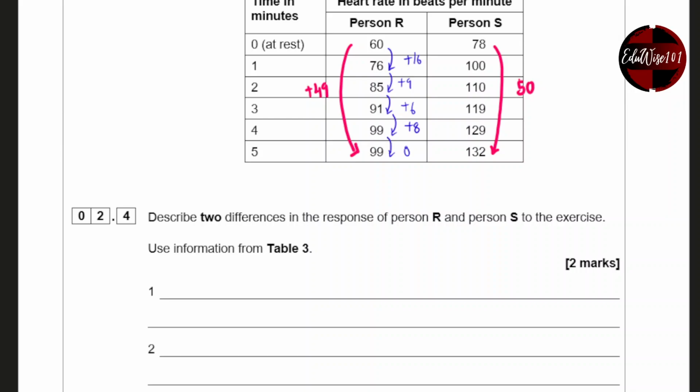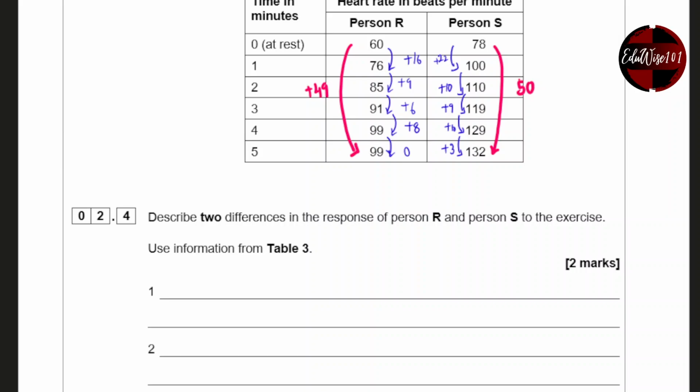And there was no increase actually after 4. Okay, that's interesting. So here for S it increased by 22, increased by 10, plus 9, plus 10, and plus 3. Okay.